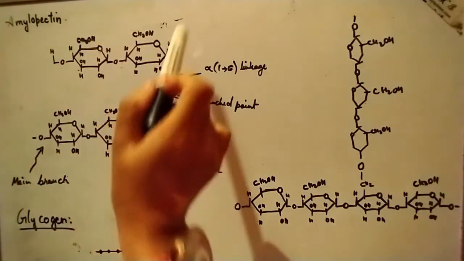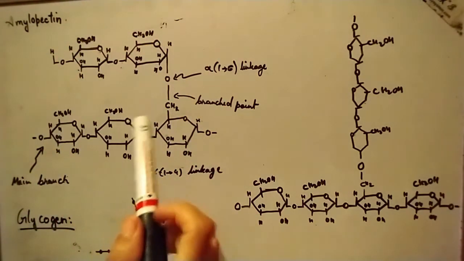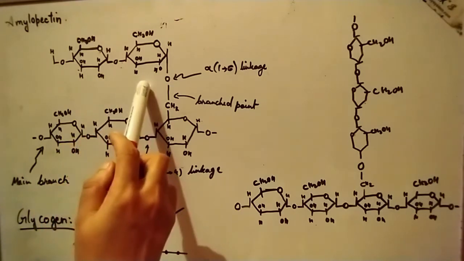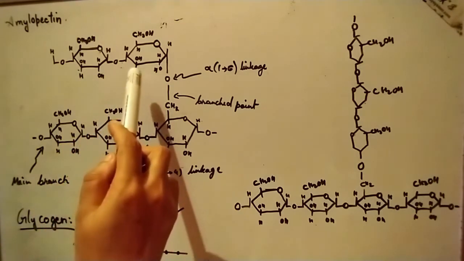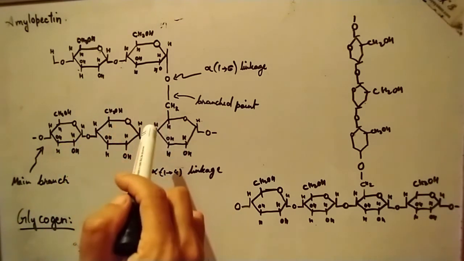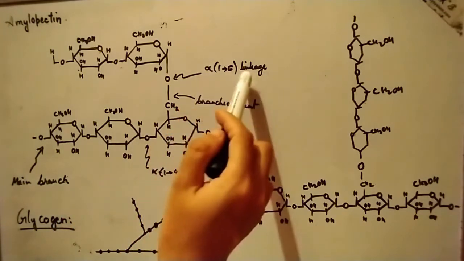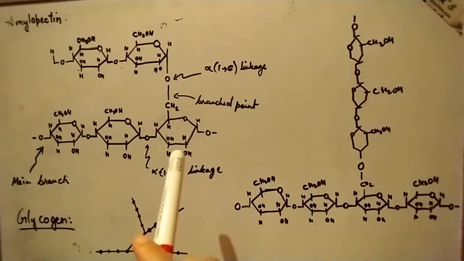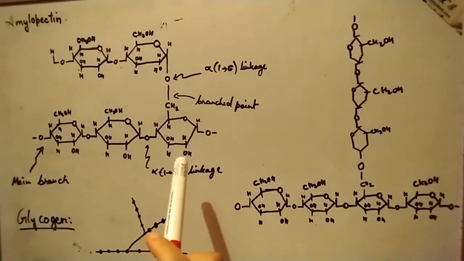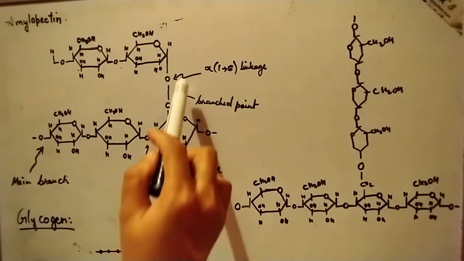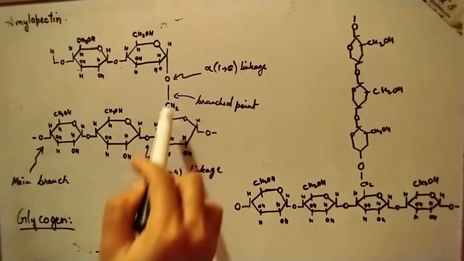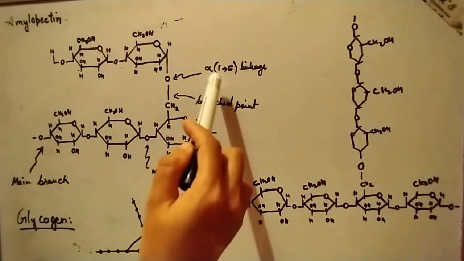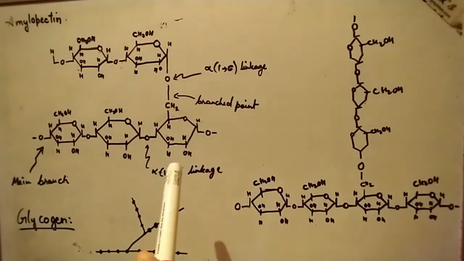Now these short chains of about 25 to 30 glucose residues are linked to the main chain through alpha 1,6 glycosidic bonds, because it links carbon number 1 with carbon number 6. So it is an alpha 1,6 linkage.